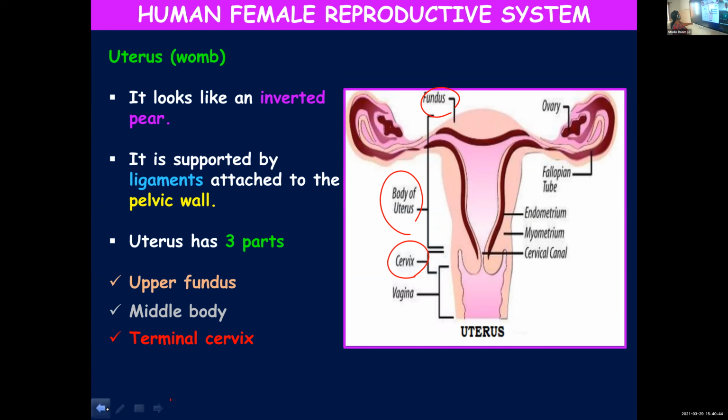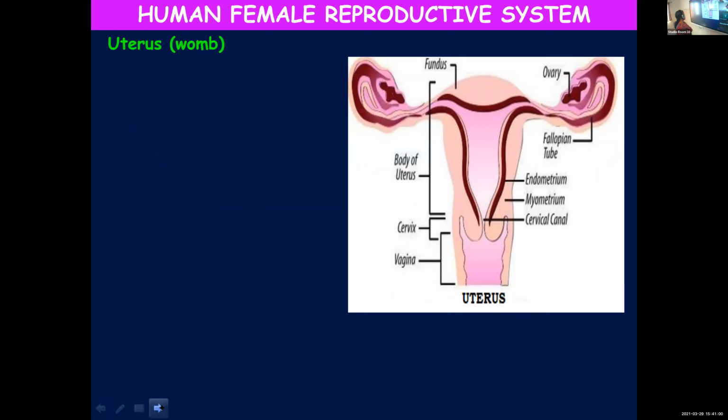Hope you understood. Once again, a womb or uterus looks like an inverted pear, and it is with the help of ligaments that it is attached to the pelvic wall. It can be differentiated into three parts: upper fundus, middle body, and terminal cervix. Cervix leads into vagina.